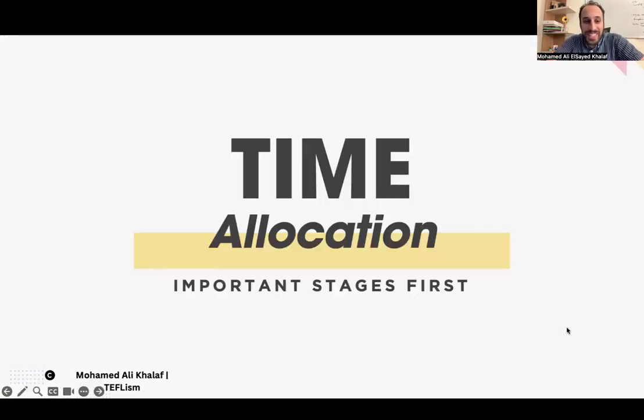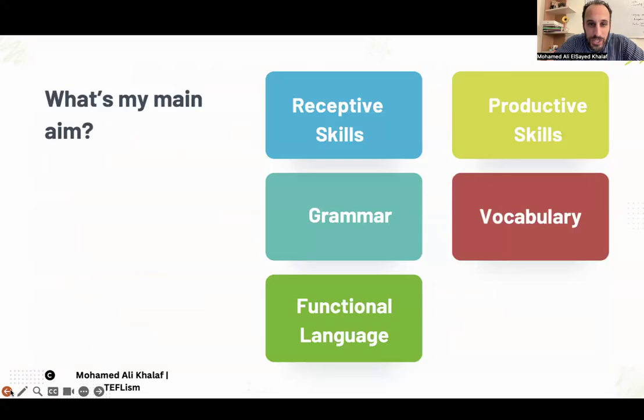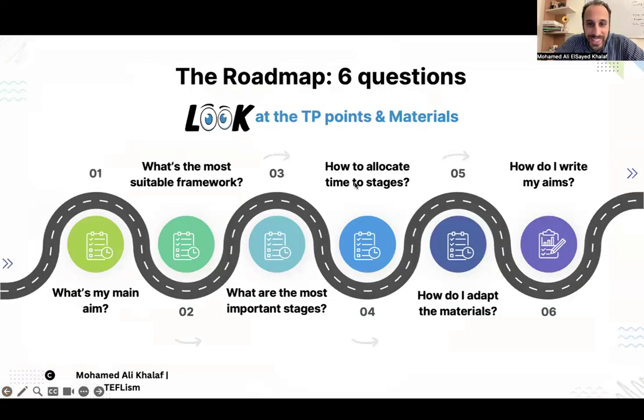So time allocation. If you remember, that was the third or the fourth question: how to allocate time for stages. So the first question, after we look at the TP points and the materials, what's my main aim? The main aim will help you answer the second question, which is what's the most suitable framework?